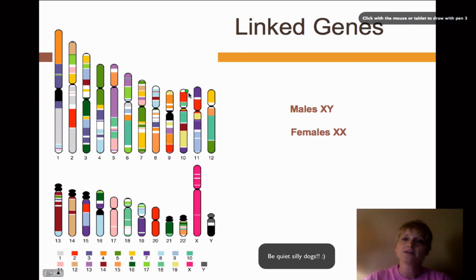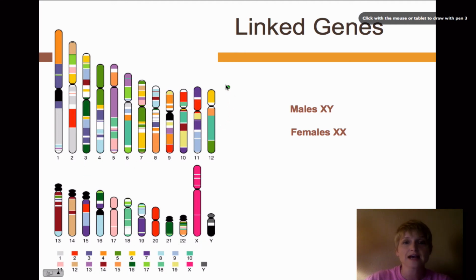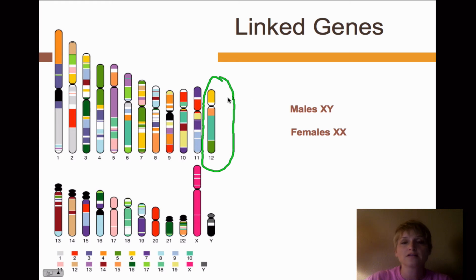All right, so we now know that some traits are linked on the genes. This diagram shows the 23 chromosomes that humans have. If we look at, say, chromosome 12, it has genes on it. The different colors represent the different genes.